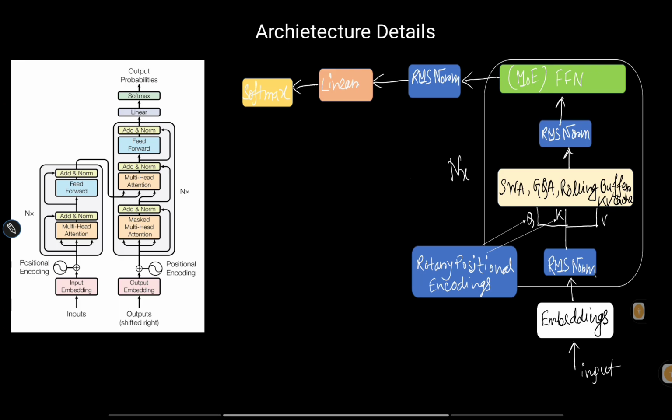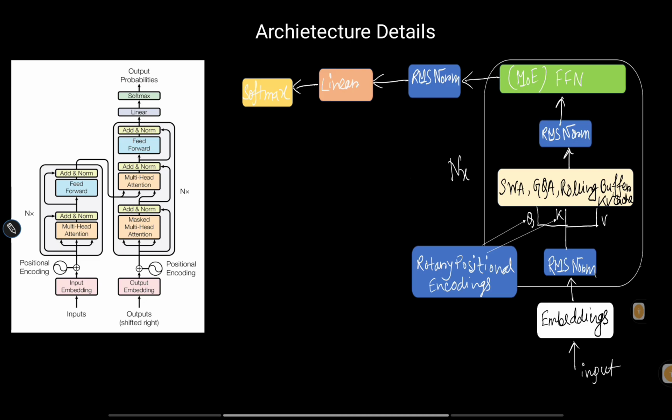We will also talk about what this RMS norm is and how it is different from the regular add and norm in the Attention Is All You Need paper. Then we have the rotary positional embedding. This rotary positional encoding is only applied to the query and key components of the attention mechanism, and we do not add it to the value.